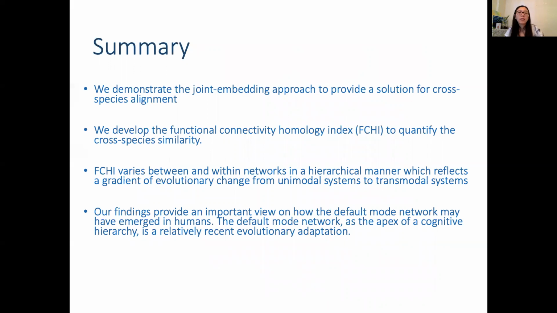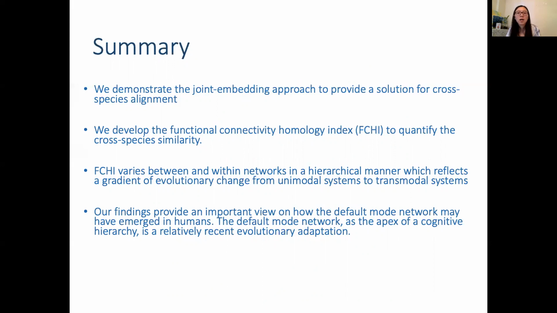Taken together, we demonstrate the joint embedding approach to provide a solution for cross-species alignment. We developed the functional connectivity homology index to quantify cross-species similarity. This index varies between and within networks in a hierarchical manner, which reflects the gradient of evolutionary change from unimodal subsystems to the transmodal system.